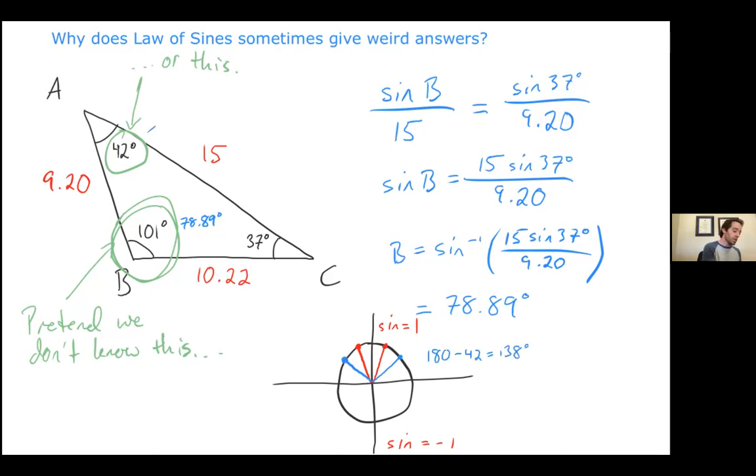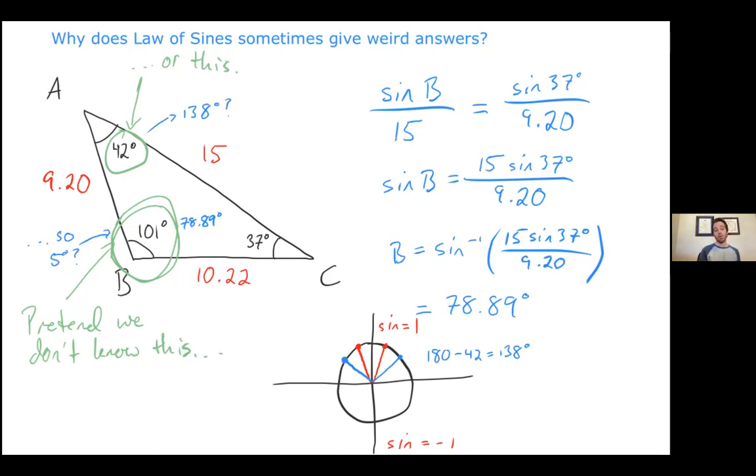Well, if this is 138 degrees, then 138 plus 37 leaves only 5 degrees for this. Now, this clearly doesn't make any sense because the 5-degree angle is really, really small. So 5 degrees would need to be opposite from the smallest side, but it's actually opposite from the largest side. It's opposite from the 15.